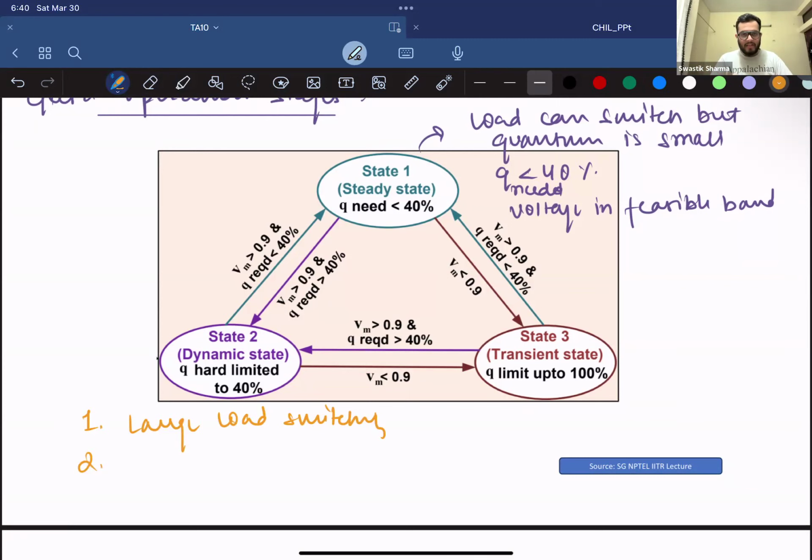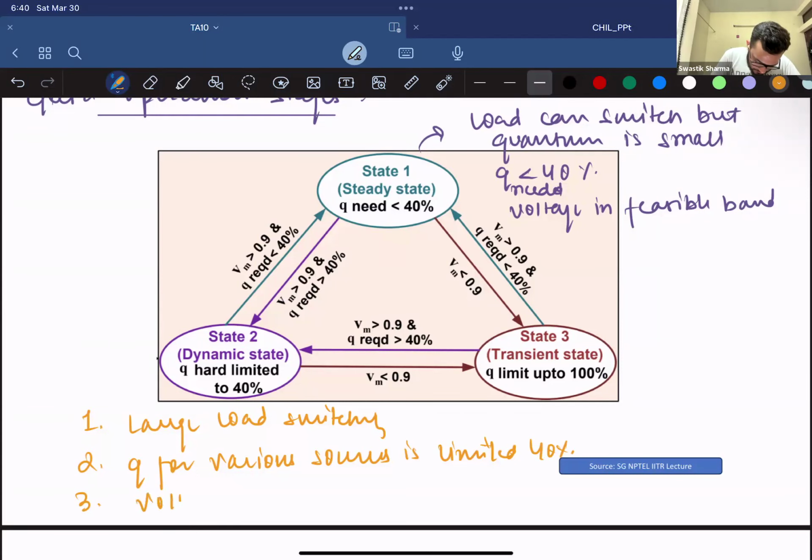Because if you have reactive power available to you, you would keep it as a reserve, so that once a difficult situation comes in, when you need a very high amount of reactive power, you would want it then, right? If you start using your reactive power right now to maintain the voltage at 1 per unit, which is not required because you are still in the band, you won't do it, right? So you limit your Q to 40%, and the rest of it could be used for reserves. And voltage is still in feasible region.